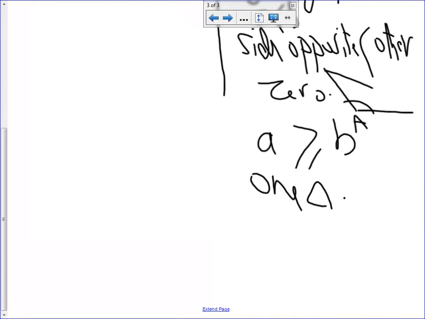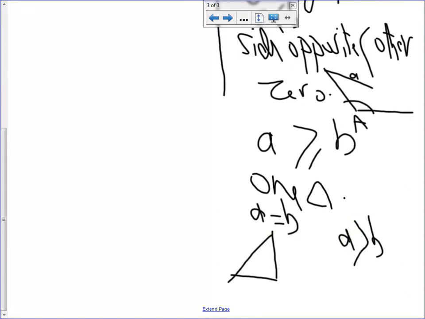If A equals B, I can draw a right angle triangle. But if A is greater than B, we can draw an obtuse angle triangle.